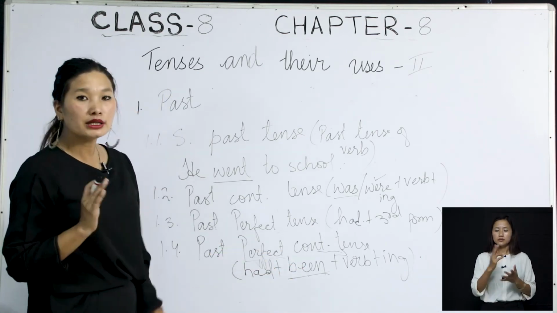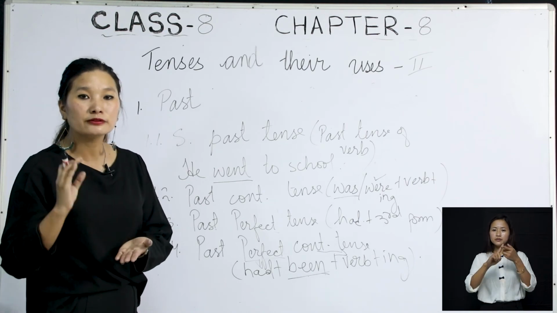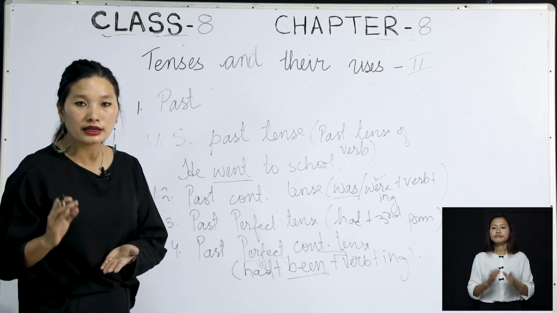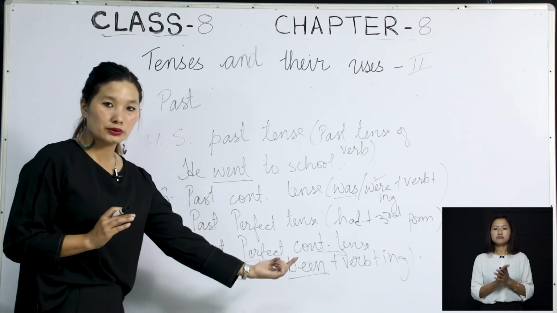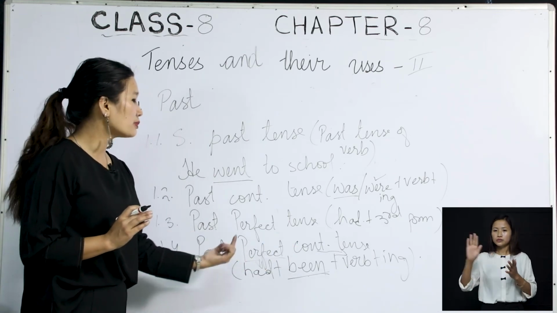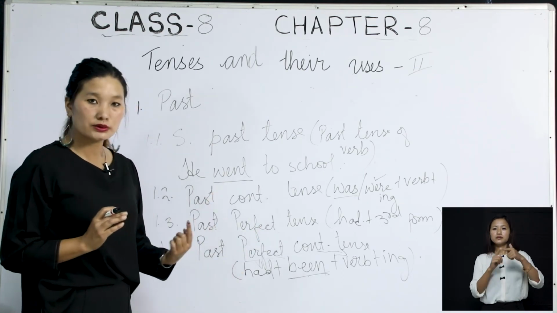Do not use B-E-I-N-G, because that will bring a totally different meaning to your sentence, making it incorrect. So, "he had been going to school" is the past perfect continuous tense of the sentence "he went to school."